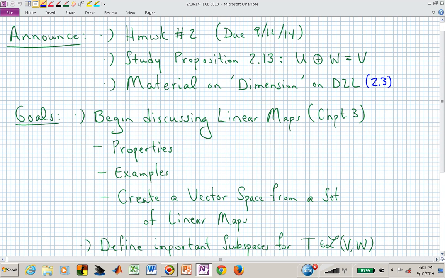We could talk about a basis in terms of what we're adding or taking away, or we could talk about dimension in terms of how many vectors we have in various sets or collections.